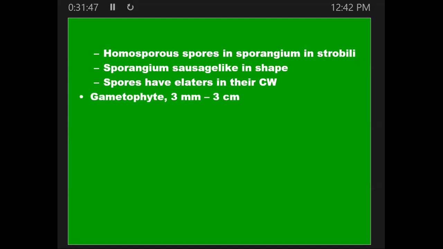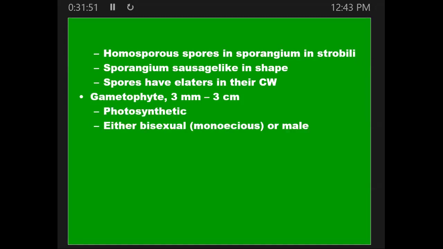Gametophytes can be tiny, tiny, tiny, or all the way up to 3 centimeters. And they're either monoecious, where they have both antheridia and archegonia on one, or it can be dedicated to antheridia only, the male only. And if it's a bisexual or monoecious gametophyte, where male and female are there, they stagger when things mature.